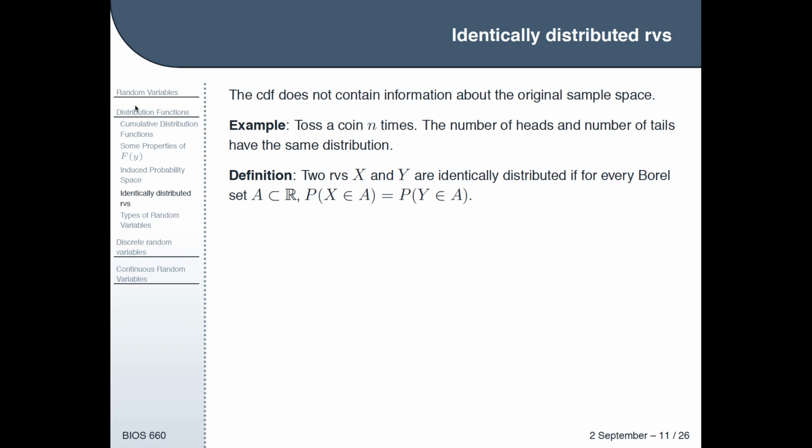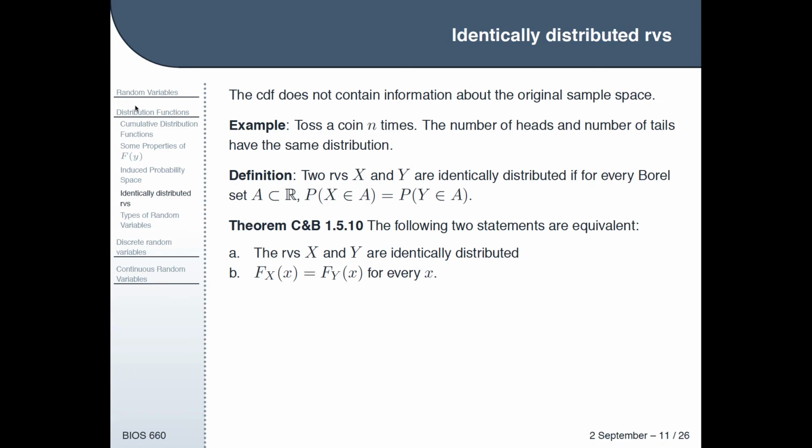A definition is that two random variables X and Y are identically distributed if for every possible Borel set in the real numbers, the probability that X is in that particular Borel set is equal to the probability that Y is in that particular Borel set. So in this coin tossing example, X and Y are identically distributed because, assuming the coin's fair, the probability of getting 3 heads is exactly equal to the probability of getting 3 tails, even though they're obviously not the same random variable.